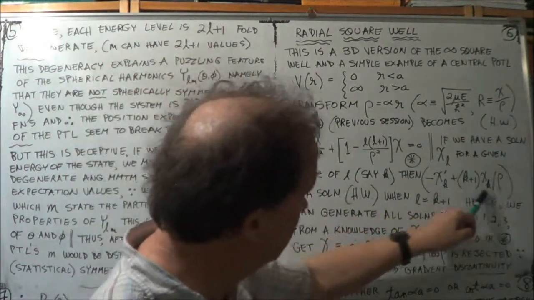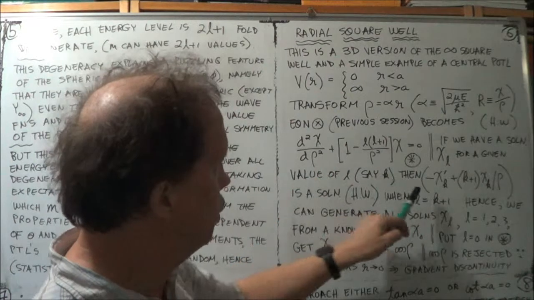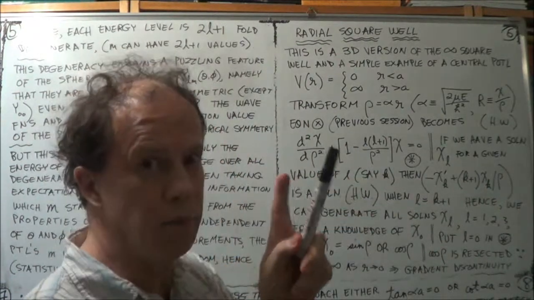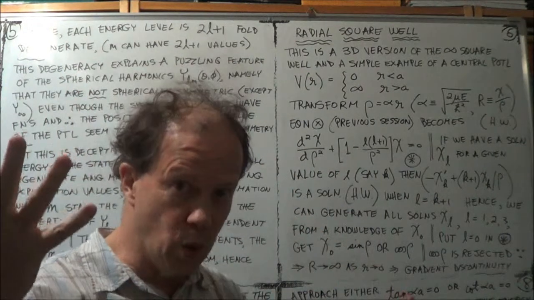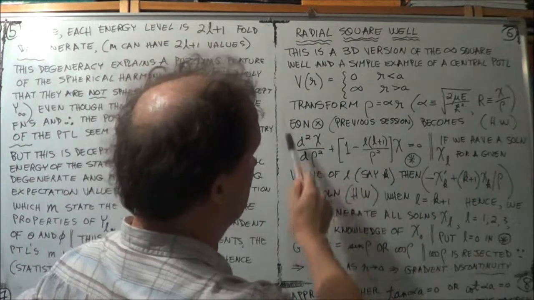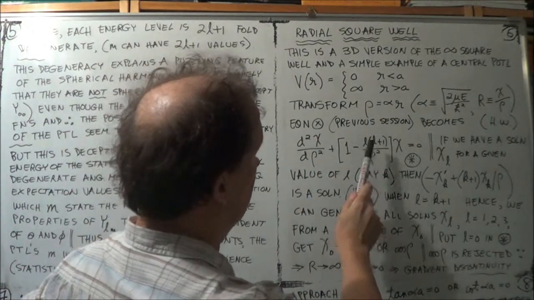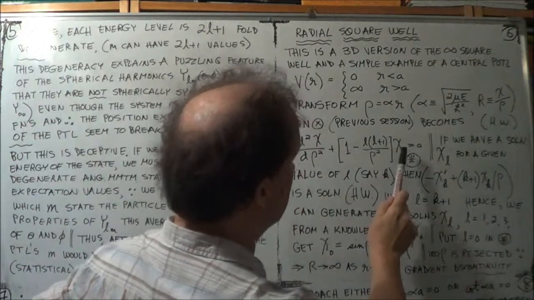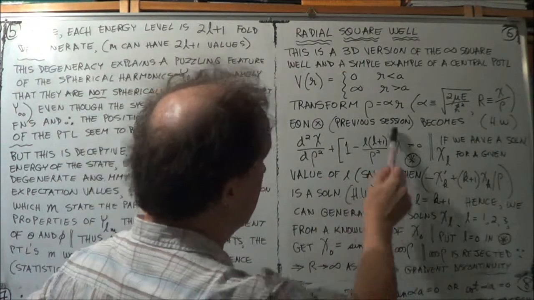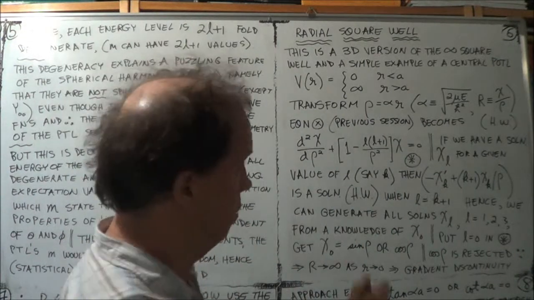You plug this in here and here because you're told that this is the solution when your L is k plus 1. And show that this left-hand side, where the L is k, you put this into here and here for your chi, and then show that this left-hand side is 0. It's not just equal to it.